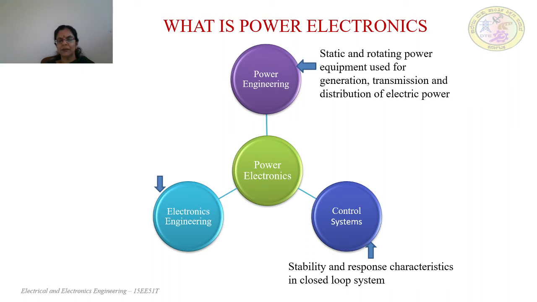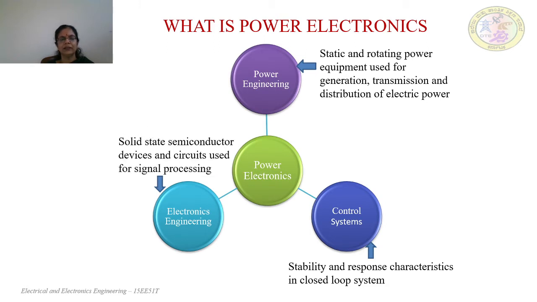Control system, it is required for the stability and response characteristics in closed loop system. Electronics engineering, in that we'll be having solid state semiconductor devices, circuits used for signal processing.